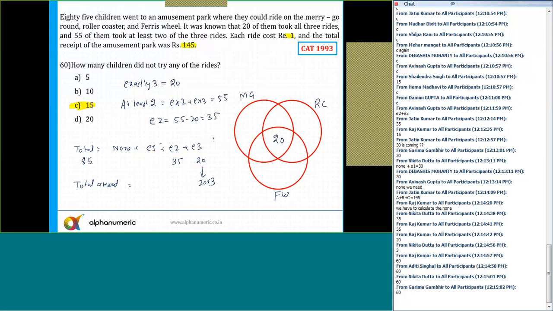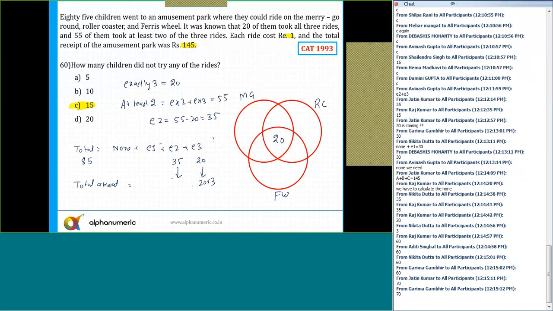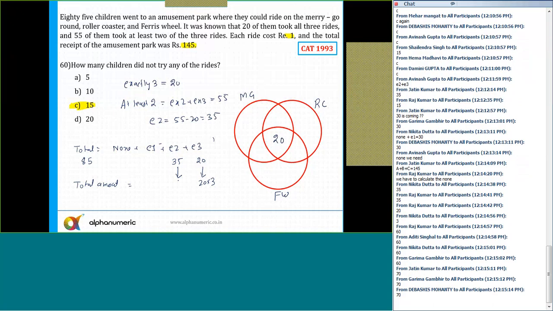Now there were 35 students who have taken 2 rides. Each of these students has spent 2 rupees, because the cost of one ride is 1 rupee. So that is 35 into 2, plus exactly 1, who have taken only 1 ride, so exactly 1 into 1. And the total amount paid by them is equal to 145.